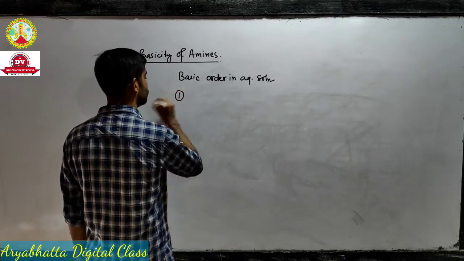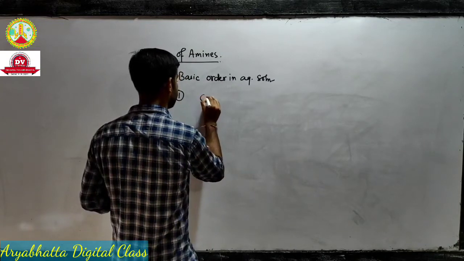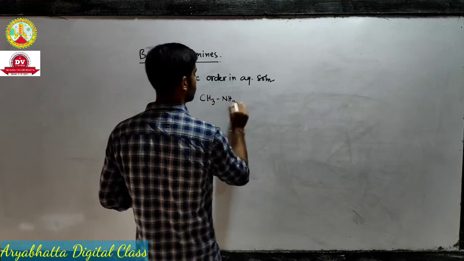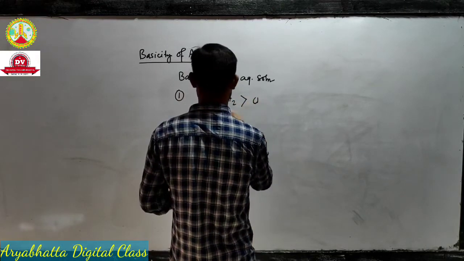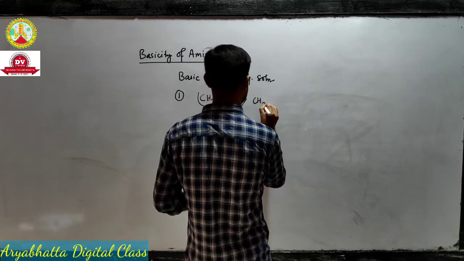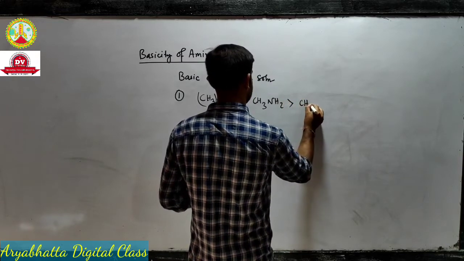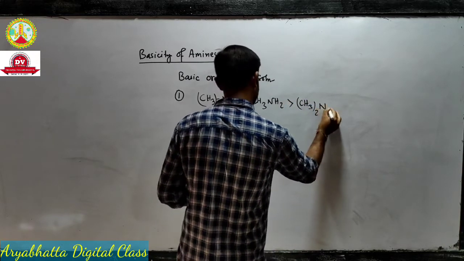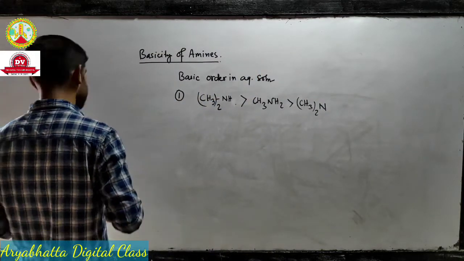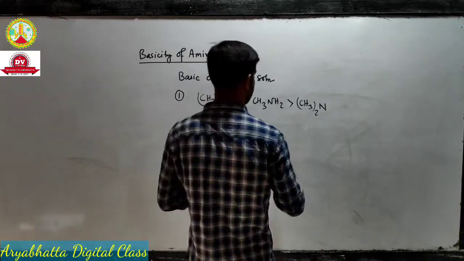First we have to remember that if we have methyl, this will be the order. That means if the substituent is methyl, then the order is secondary, tertiary, primary.